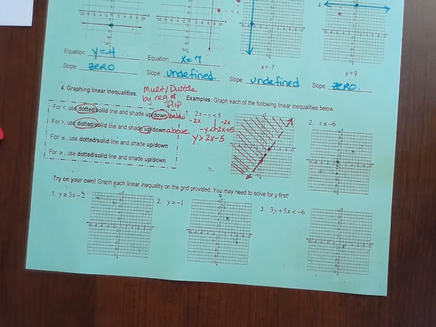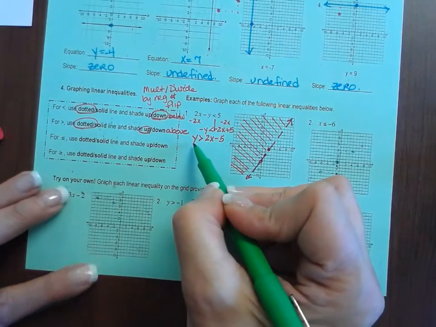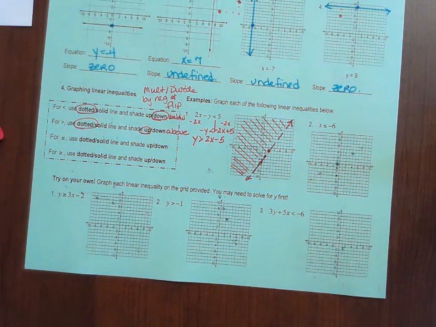What if you're having to graph one of these and you don't remember the rule about the above or below? What should you do? You can use a test point.